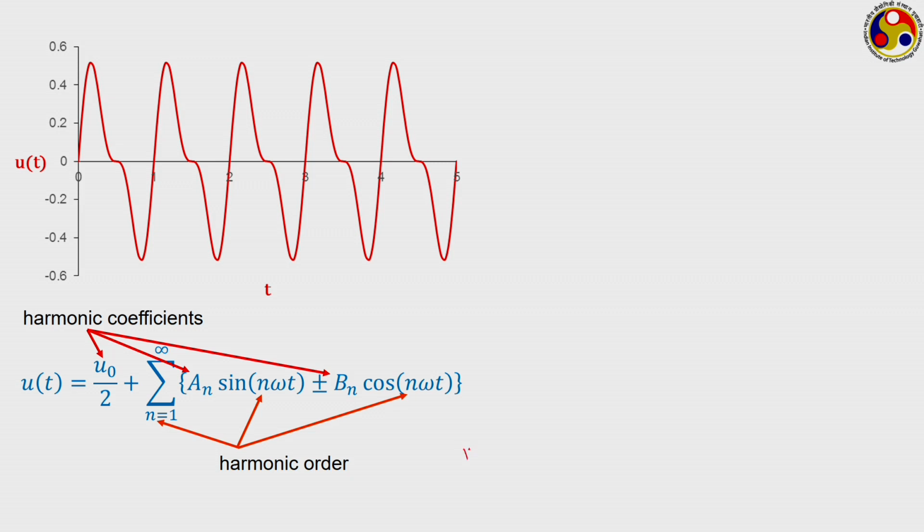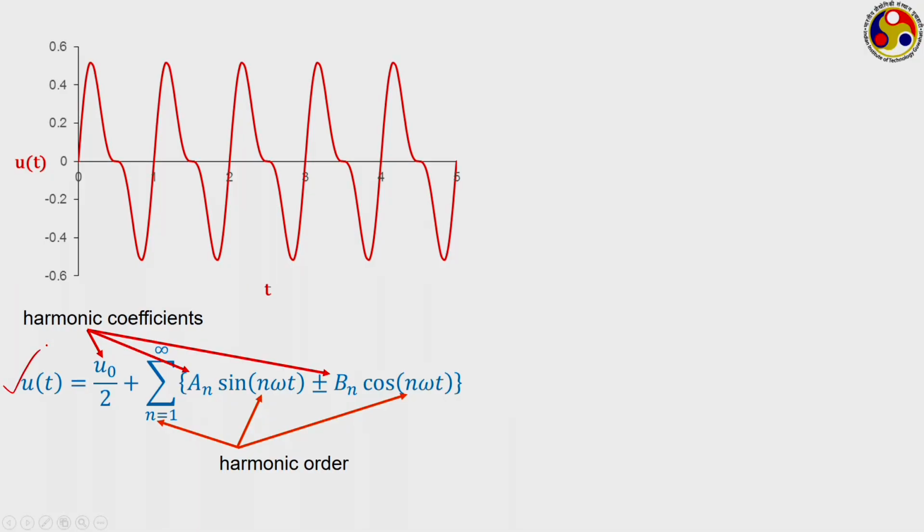N equal to 1 refers to the fundamental mode or the first harmonic, and all other integer values of n, 2, 3, 4 etc., refer to the corresponding harmonics: the second, third, fourth harmonics. A system may be subjected to a signal which has just the fundamental mode, or may have multiple harmonics present in the signal. And any periodic signal can always be represented in a form like this.